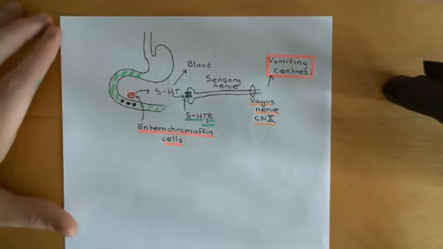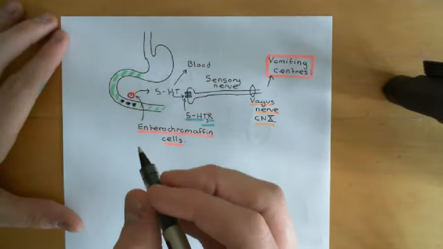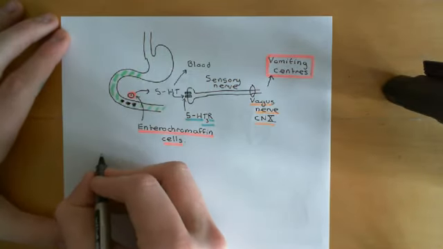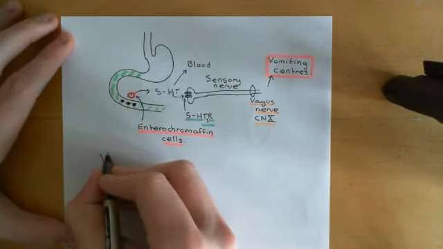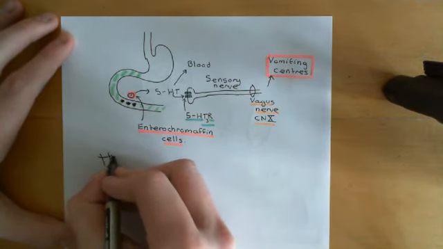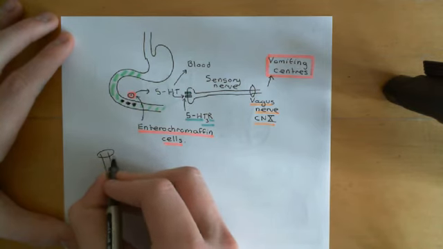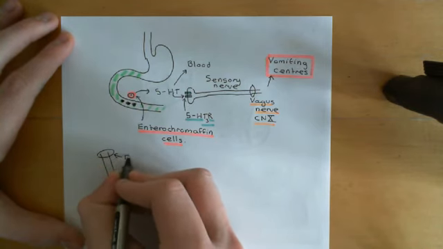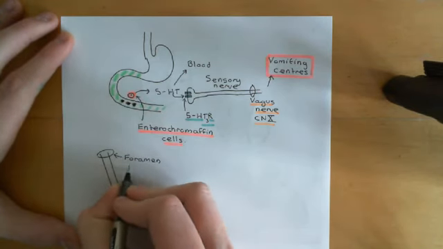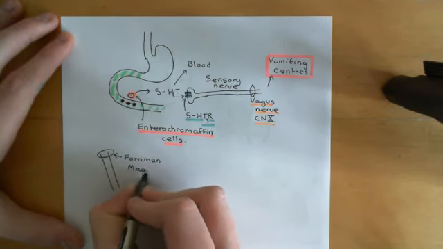Let me just remind you of the structure of the brainstem in case you're not familiar with it. I'll draw this down here. If we have the spinal cord here, the spinal cord will pass through the base of the skull through a large hole called the foramen magnum. So this circle here represents the foramen magnum, which is a big hole in the base of the skull.